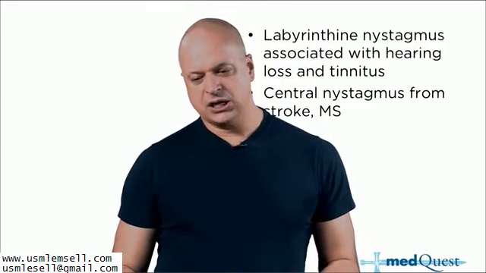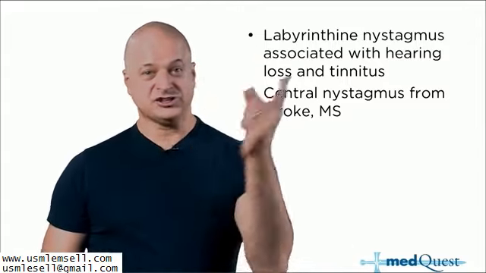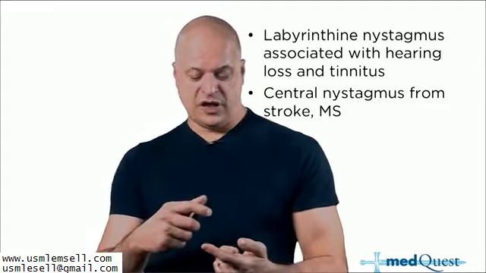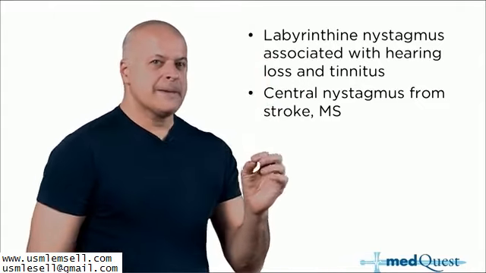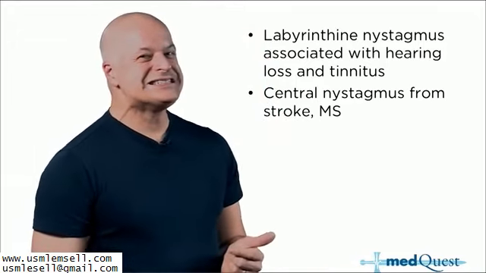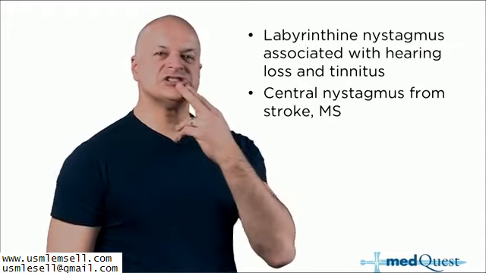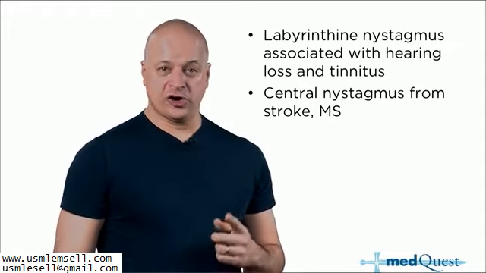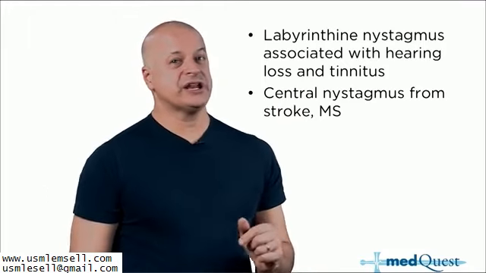That's why when you have a stroke, multiple sclerosis, or phenytoin toxicity, you can get nystagmus and nausea and vomiting and a sense of vertigo, but you can't have hearing loss and tinnitus. Hearing loss and tinnitus are in the inner ear, labyrinthitis, the 8th cranial nerve.